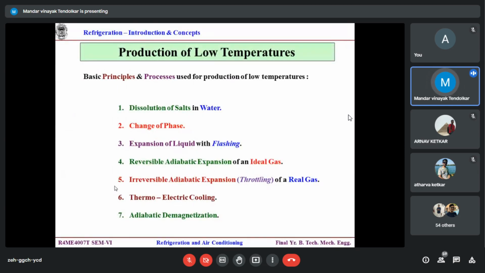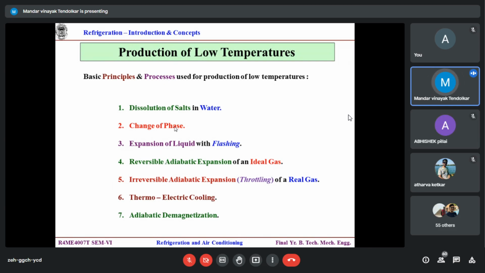So dissolution of the salts in water, this we already had seen with the example of sugarcane juice. Then change of phase, this is the sensible and latent heat transfer.